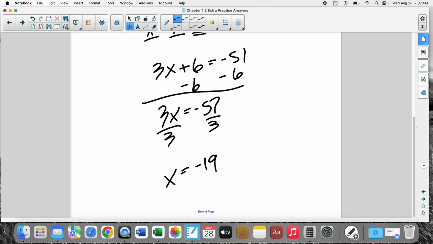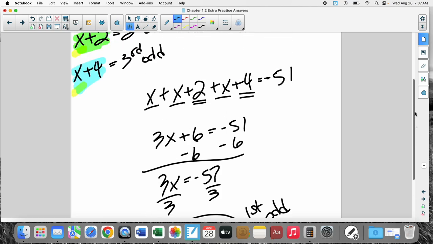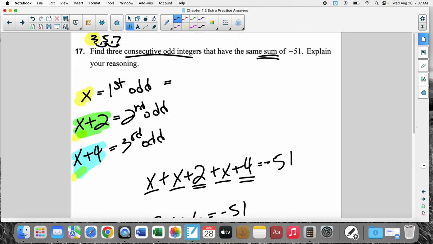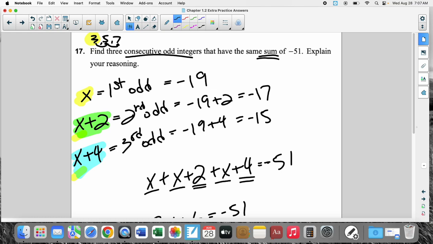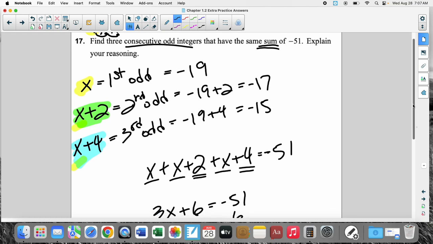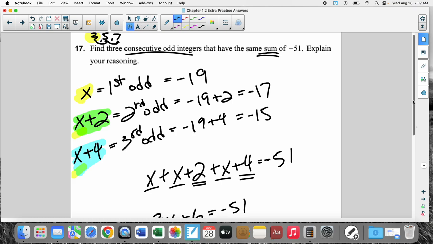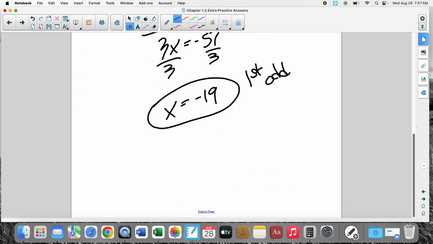Yeah, negative 19. That is my first odd number. And then if I want to find my next one, I'm going to do negative 19 plus 2, which is negative 17. And I'm going to do negative 19 plus 4, which is negative 15. So my three consecutive odd integers are negative 19, negative 17, and negative 15.